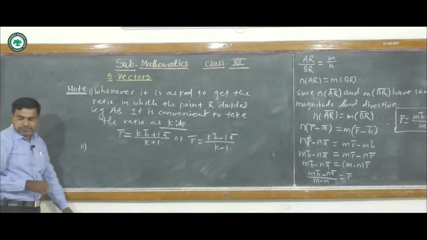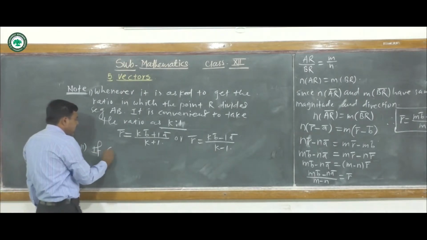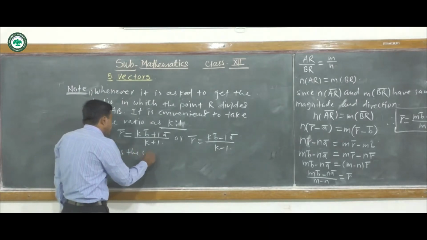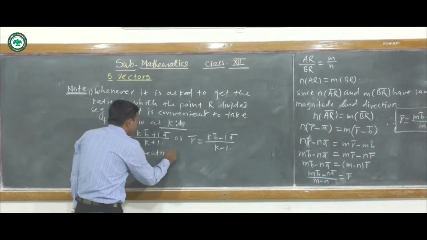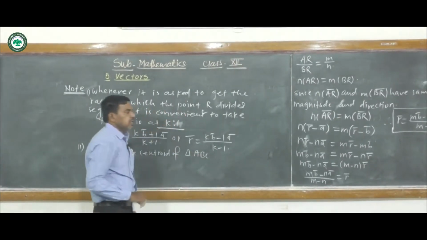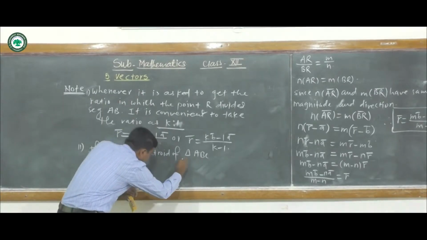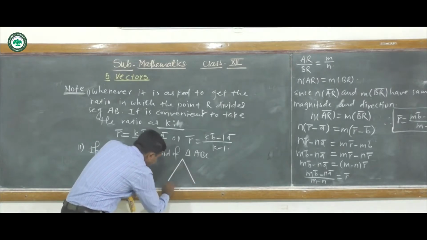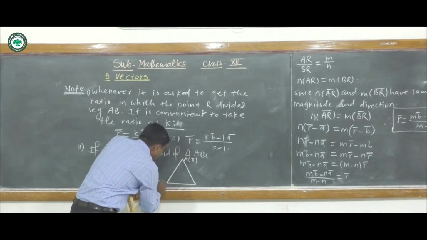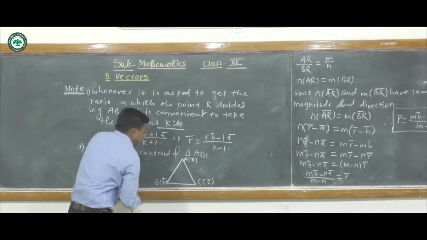Now second note, if this capital G is the centroid of triangle ABC. See here, if this is the triangle, point A with position vector A bar, point B with position vector B bar, and point C with position vector C bar.